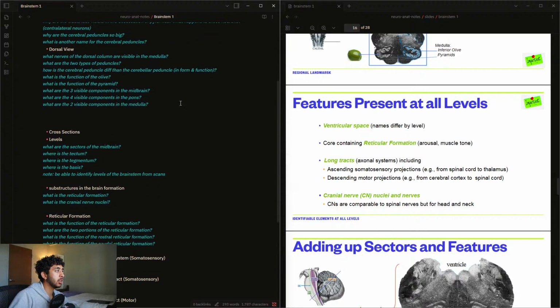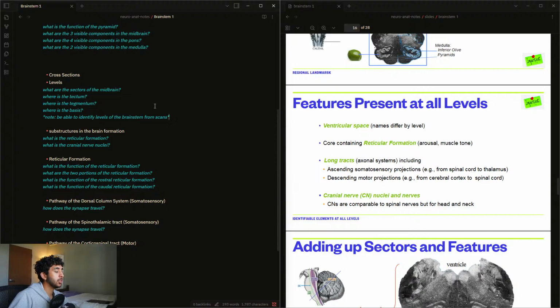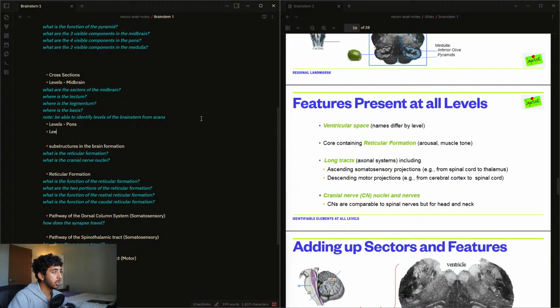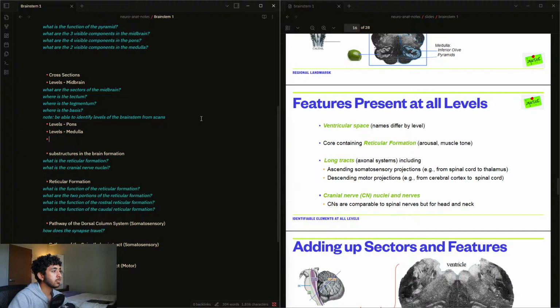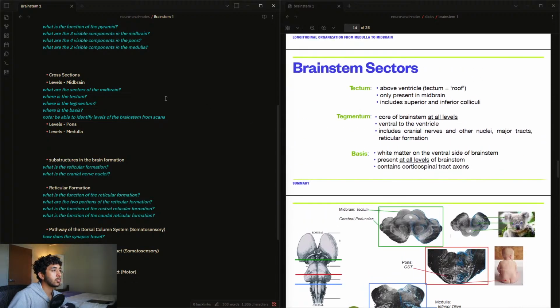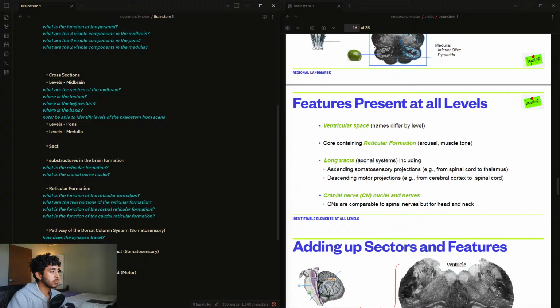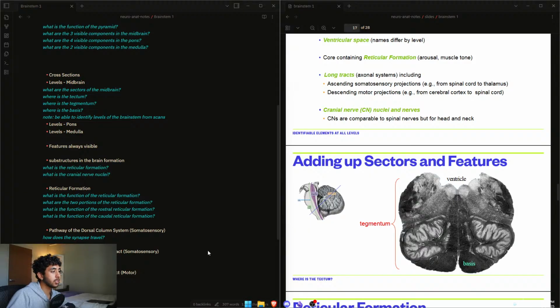Okay, we'll do levels: levels dash midbrain, levels dash pons, level dash medulla. I think that's a good one to go on.